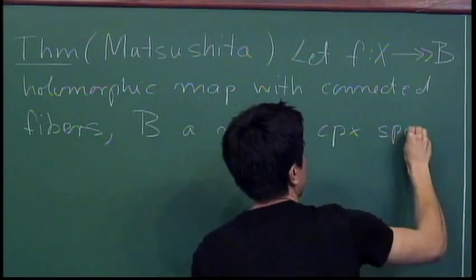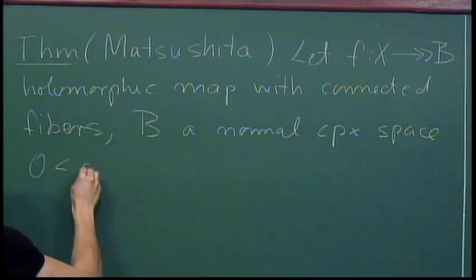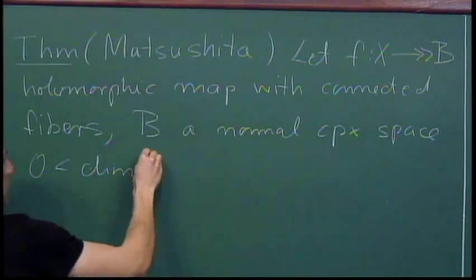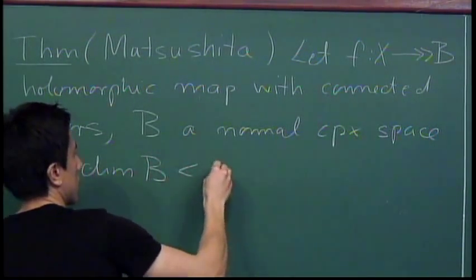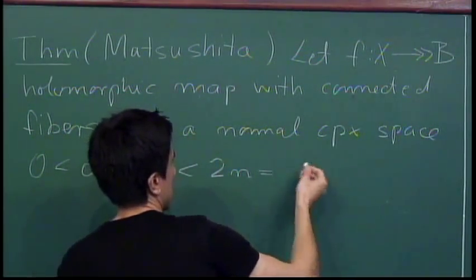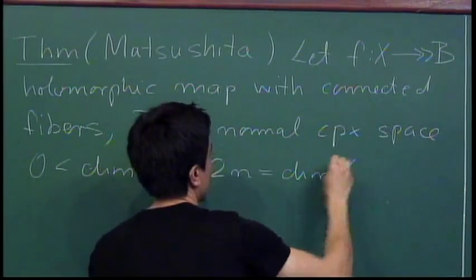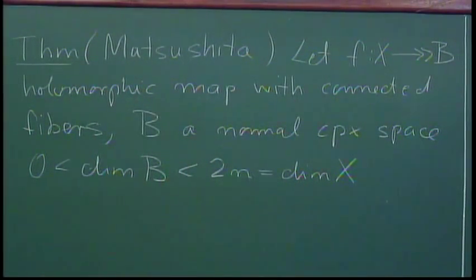And it should have not the trivial dimension and also not the dimension of X, which I always denote by 2n. So this is the dimension of X, complex dimension. So then we have the following.